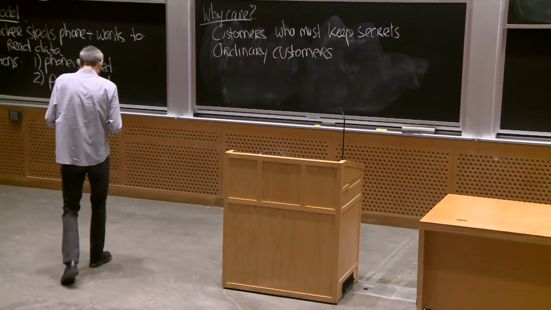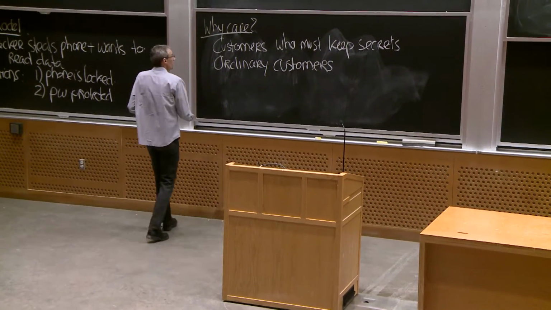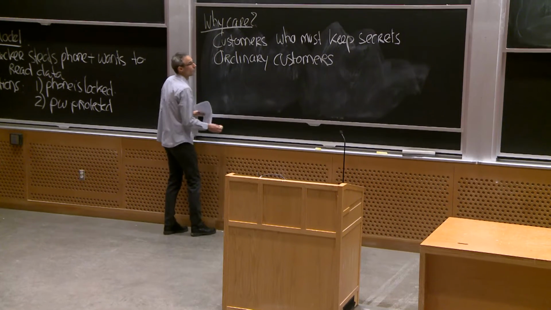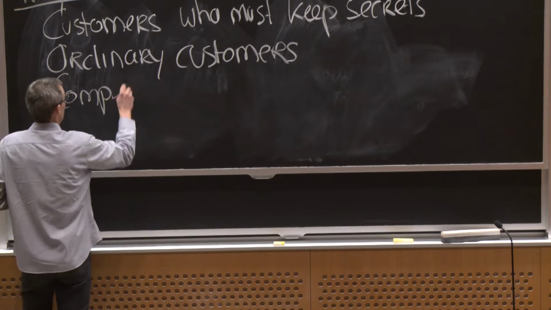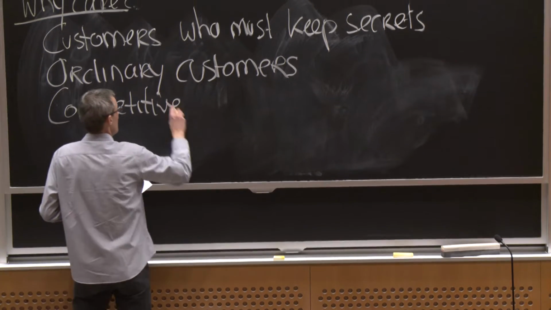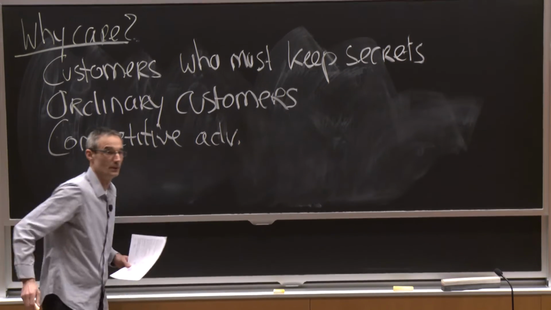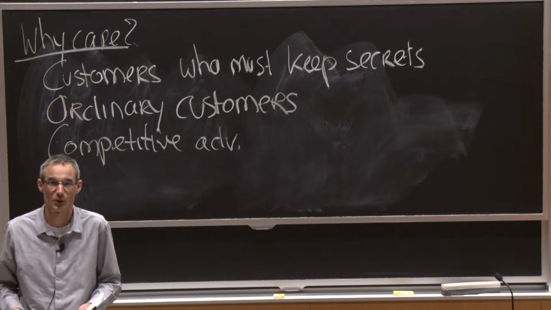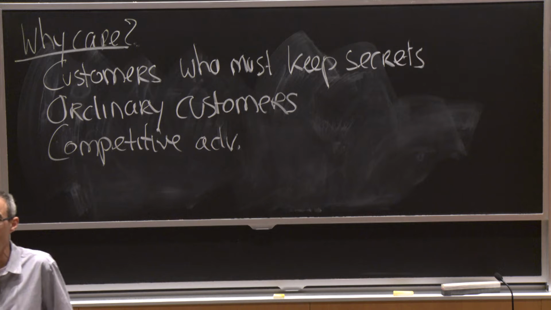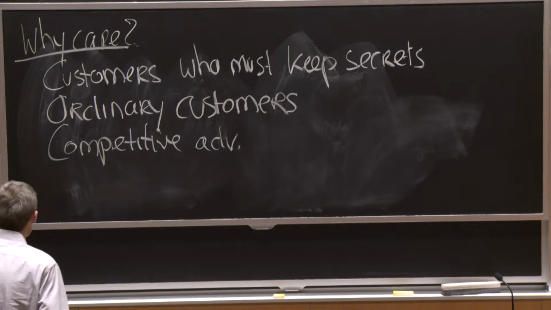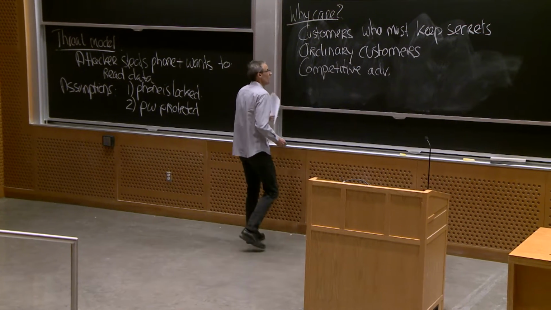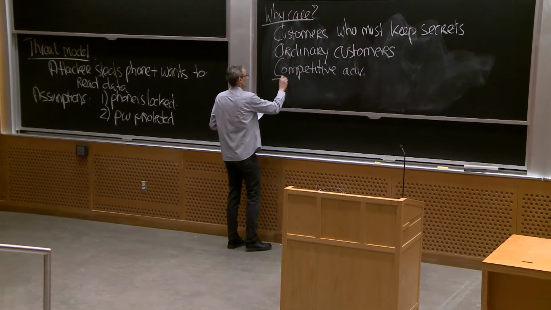That seems like a reasonable thing to want. I think there are two other reasons. One, I think Apple thinks this is a competitive advantage. If the phone has a better security plan and can deal with this particular threat model, maybe more customers want to buy an iPhone. And I think finally, there's some element of just trying to do the right thing.